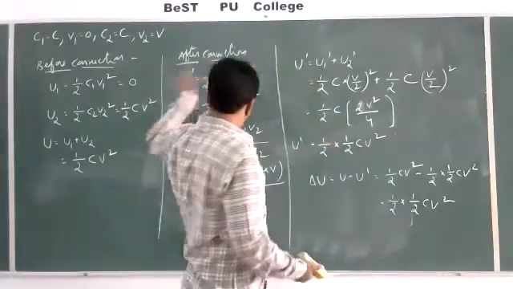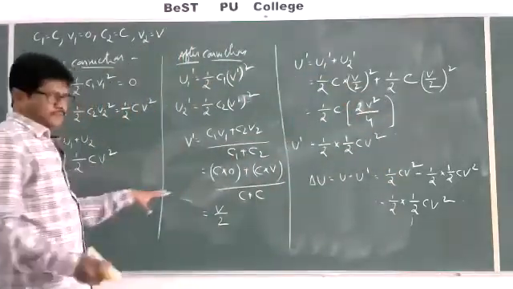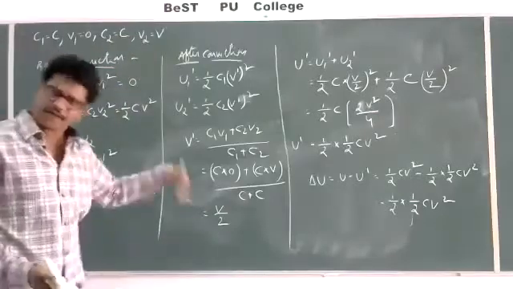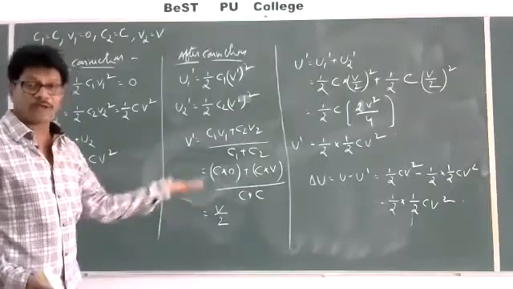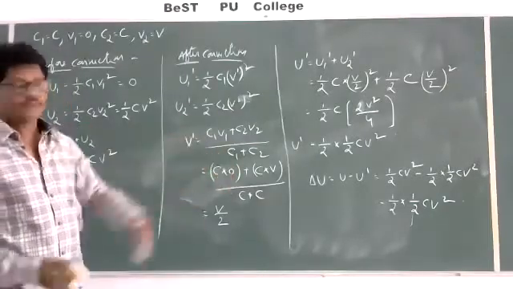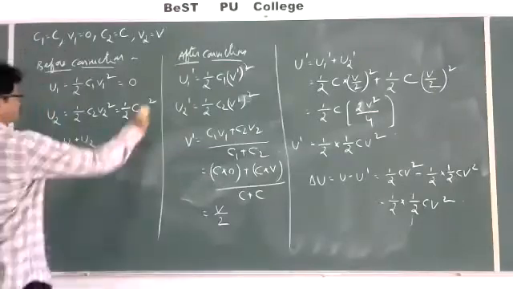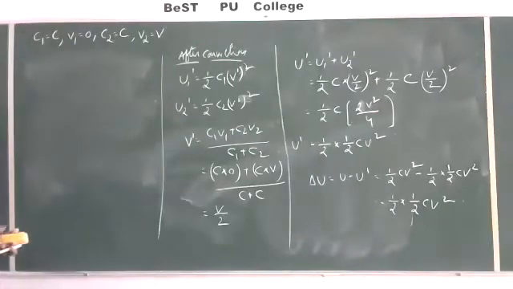The same problem, without taking all these steps, if you are able to remember that formula, directly we can get that. Which formula? Formula for the loss of energy. What is that formula?